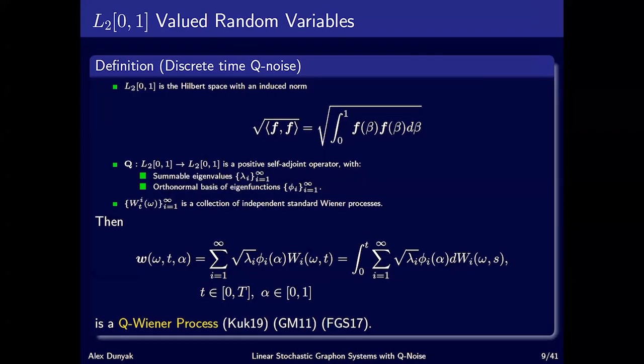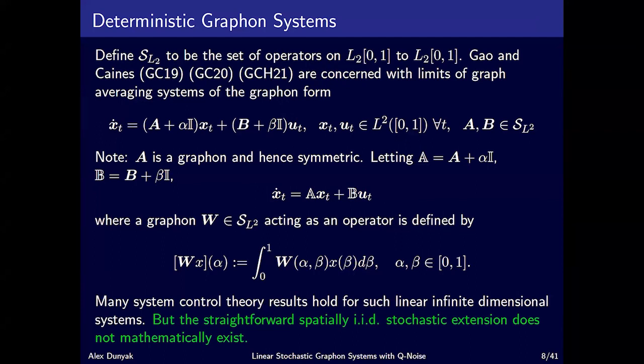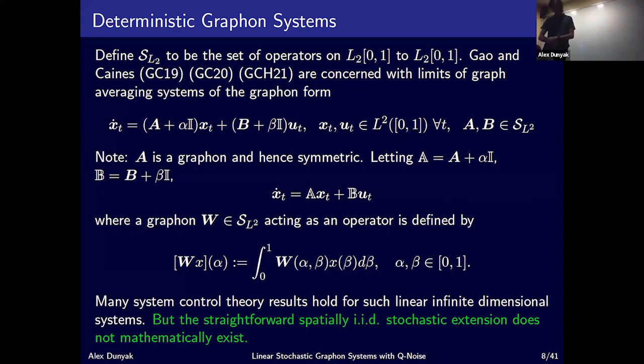So, sorry, Alex, before you go to the stochastic modeling, I just had a quick clarification question. yes. So in your modeling, the parameter alpha is a scalar and not a matrix? So in our modeling, the parameter alpha is a scalar. It refers to a point on the unit interval.